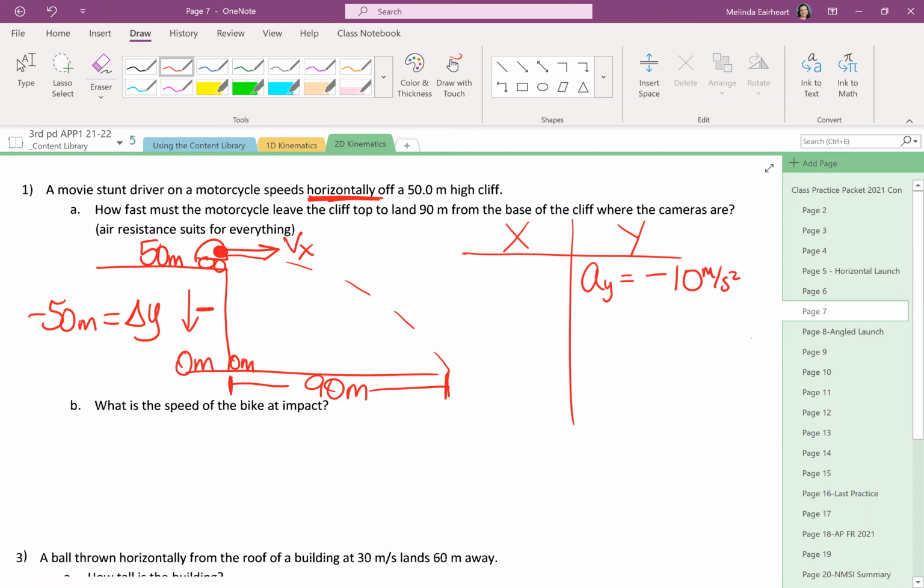Gravity should be negative. If I call down positive, make gravity positive. What else is always true? What about horizontal acceleration? 0. Meaning what about my horizontal velocity? Constant. Meaning every single time, 99.9% of the time, we get to use what equation on the horizontal side?